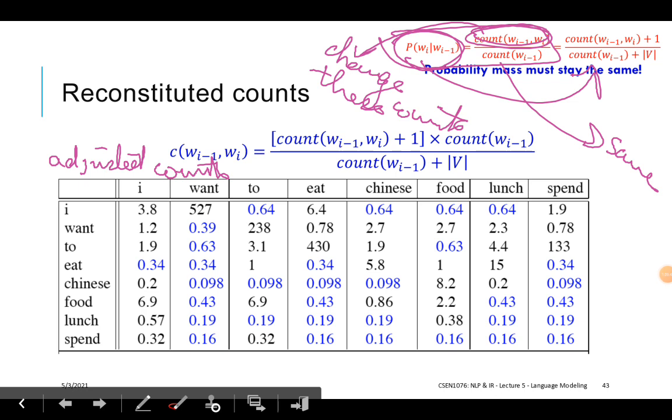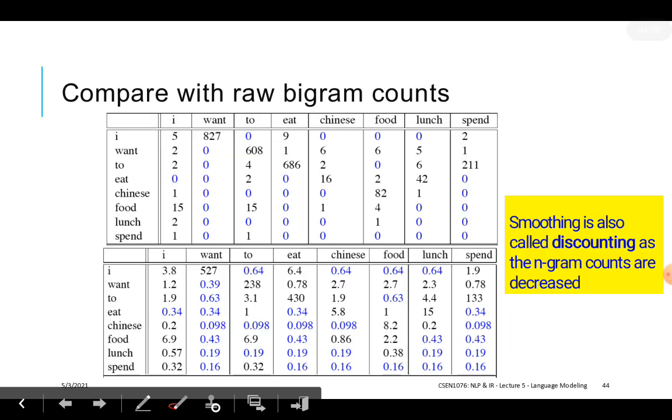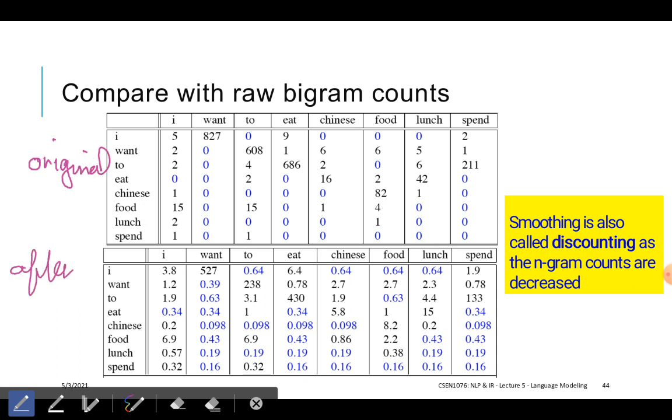As you can see here, the counts have changed a lot. Here in the next slide, I guess, we have the counts compared. Here is the original, and here are the counts after smoothing. You can see that the counts have been discounted, stolen, or maybe the more politically correct term, borrowed.